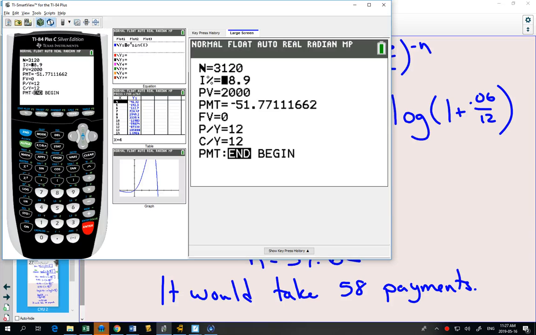Every time they spend $100, how much do they end up paying for that $100 item? And it was really scary. I think it was something like $300. 3 times the amount. Every time they put their credit card, you should tell them, you're going to end up spending 3 times that.